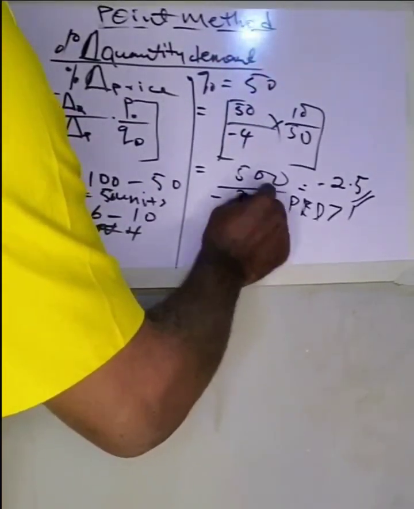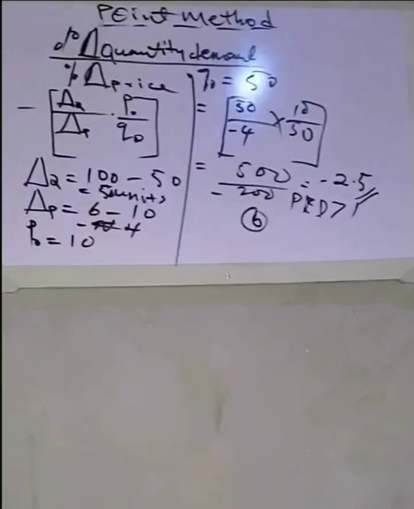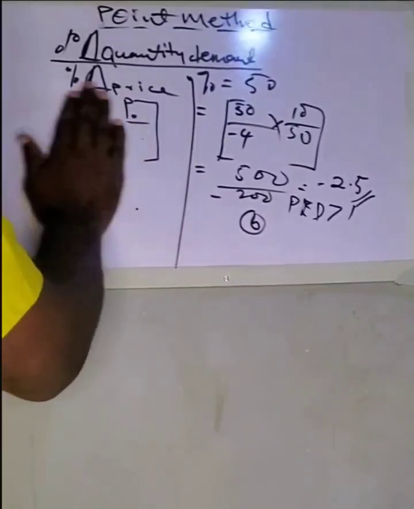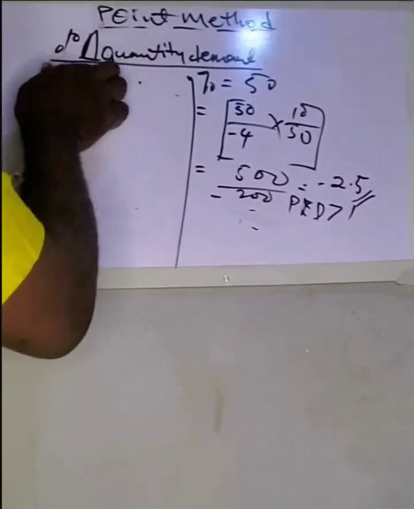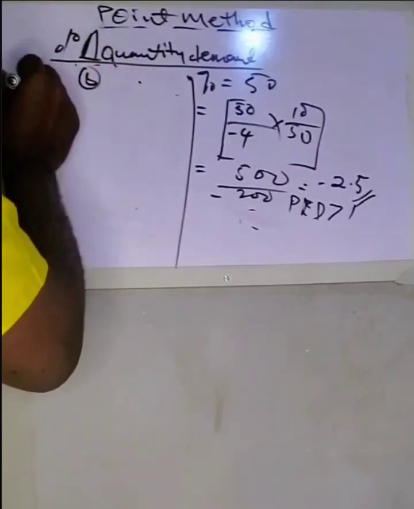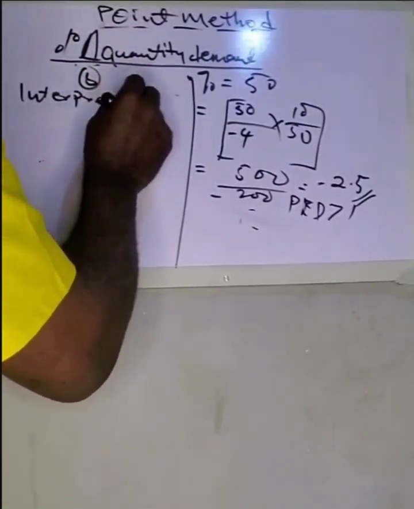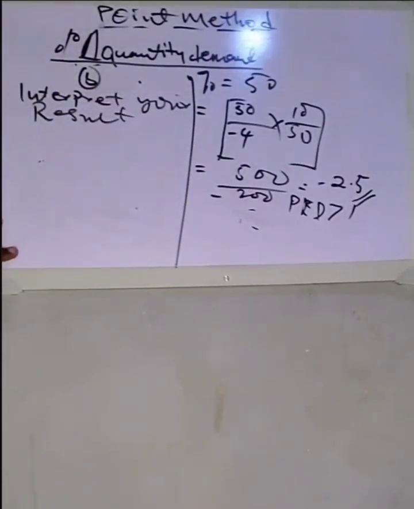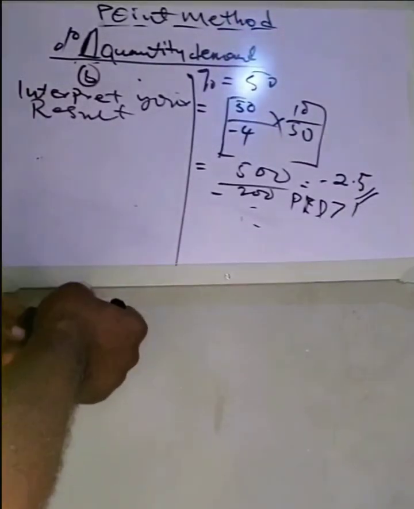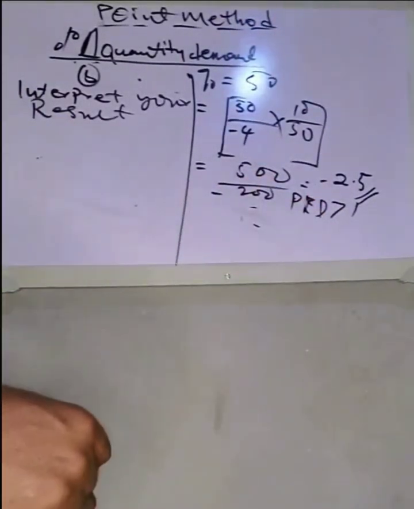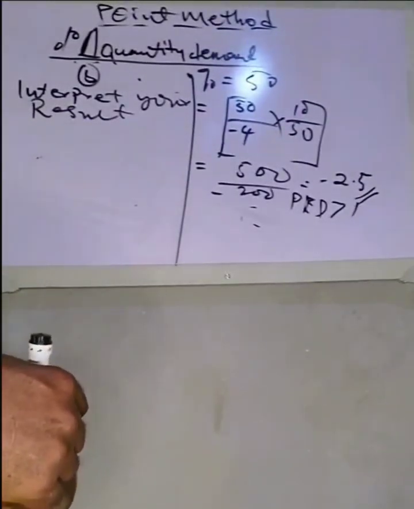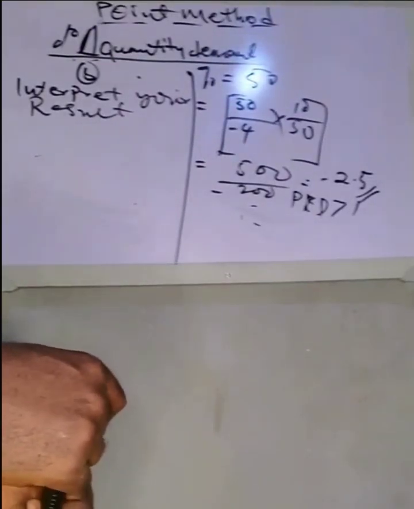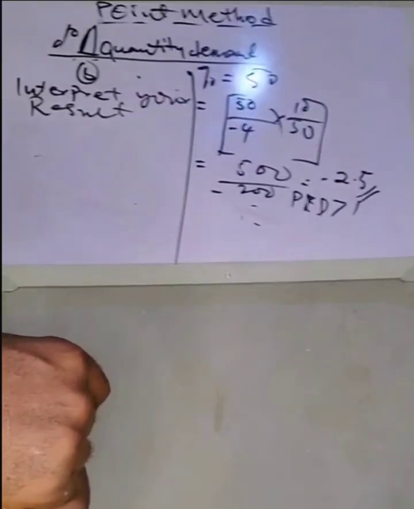Let's interpret our result. Interpret your result is to tell us if your answer is elastic, if your answer is infinity, if your answer is perfectly elastic, if your answer is inelastic.